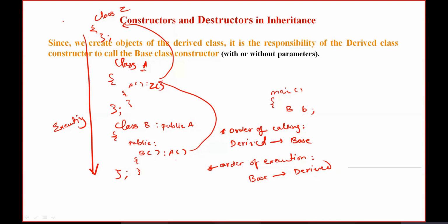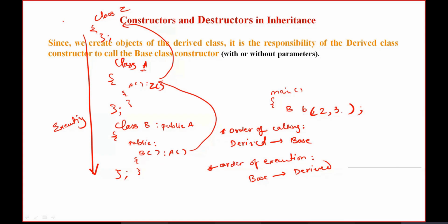Now, yesterday also I told that if there are some data members which are to be initialized, and we are passing values for the initialization, say 2, 3, fine. Then it is the responsibility of the derived class constructor to pass the required values to the constructor of its base class.